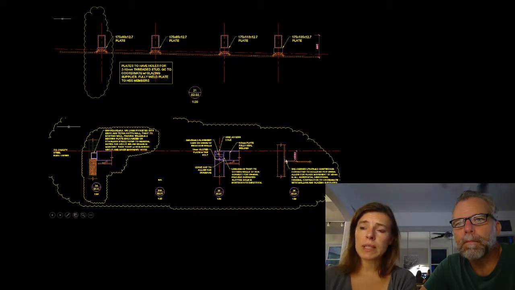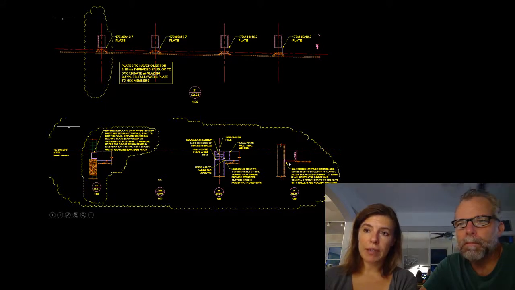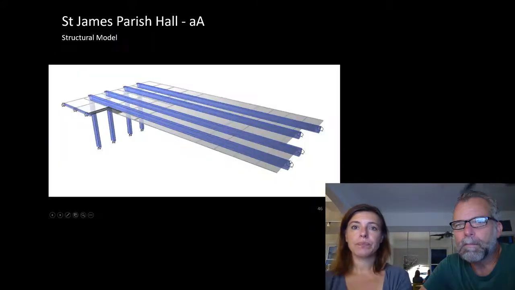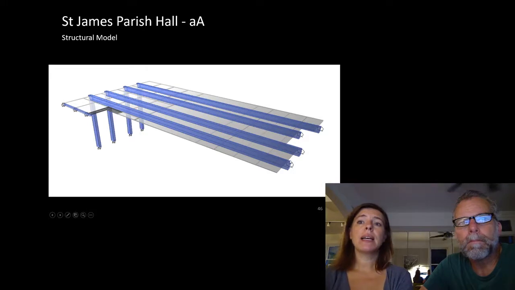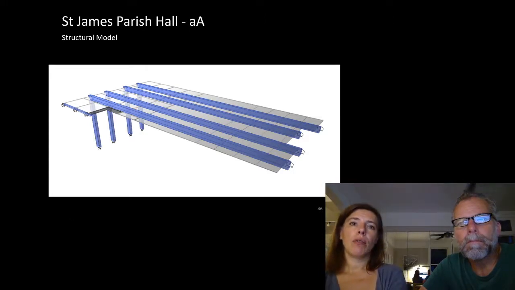And then over here on one side, this is the entranceway into the main building. They needed it not to have water run down there. So we needed to create a connection that didn't pick up the glass, but allowed water not to pour down there. So here was the model for the system.